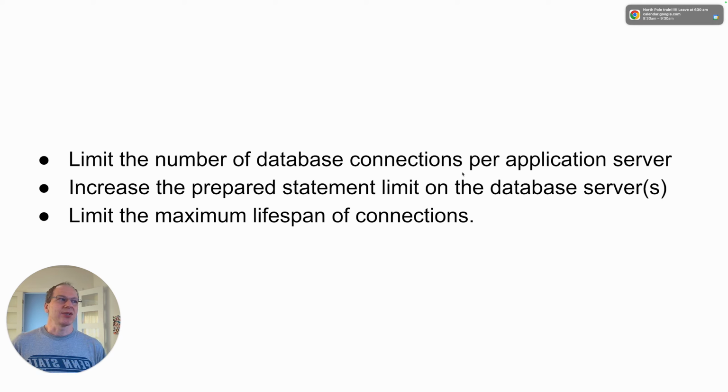Sometimes if your application servers are small in size, you may only want to use like 10 database connections per application server. So basically limiting the number of connections limits the number of prepared statements the server needs to keep, right? Because there's one per session.